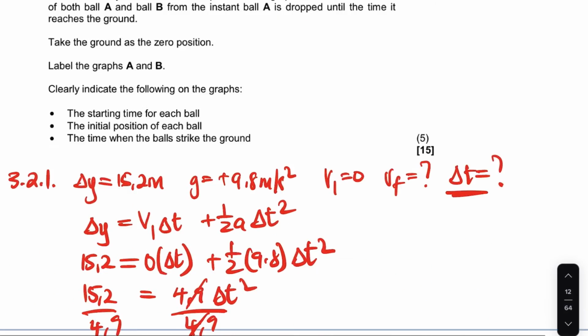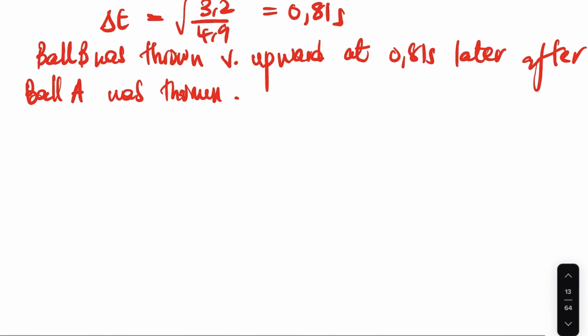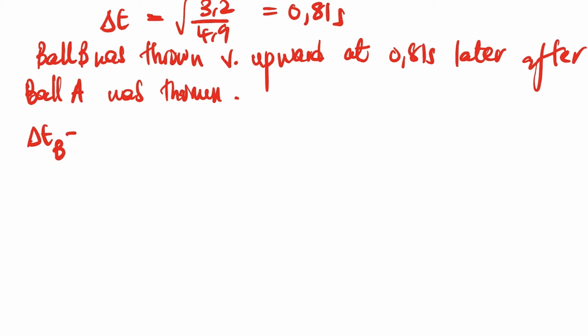So in order to know how long ball B took from the ground to reach the ground again, we'll say the time for ball B is equal to the time for ball A minus 0.81 seconds. So what is the time for ball A?